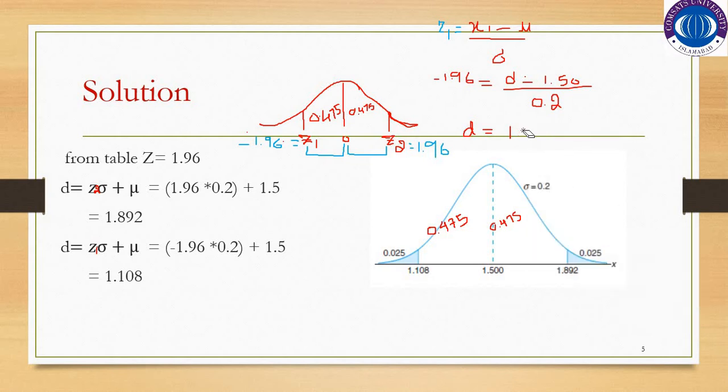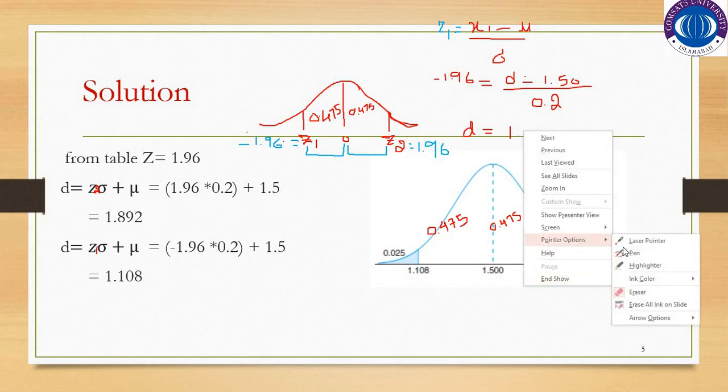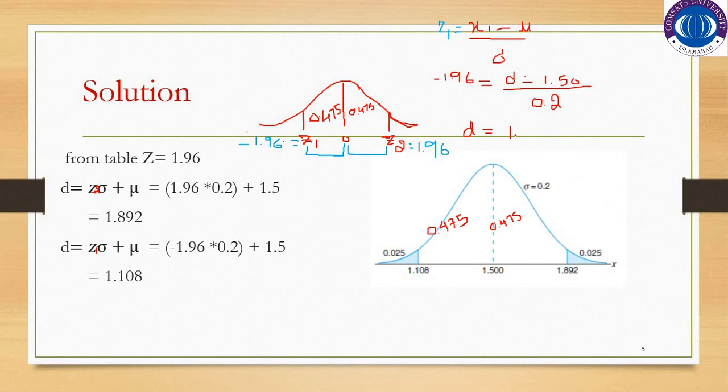Now 1.50. This should be here, 1.50 minus 1.96 into 0.2.